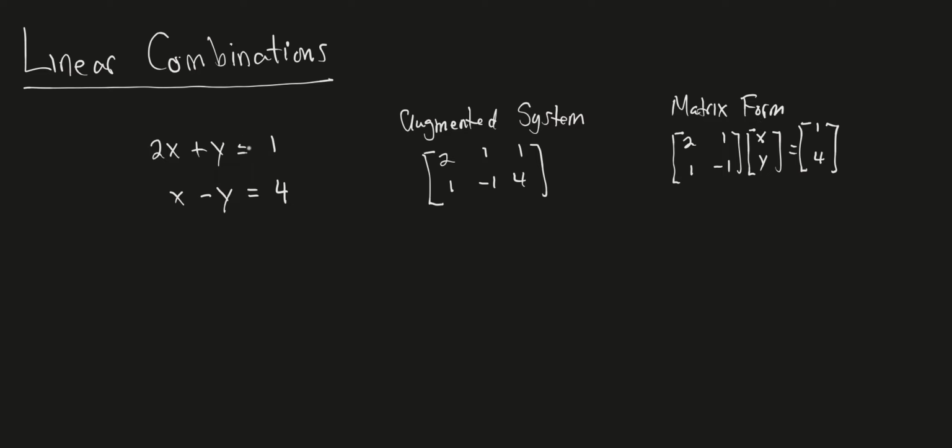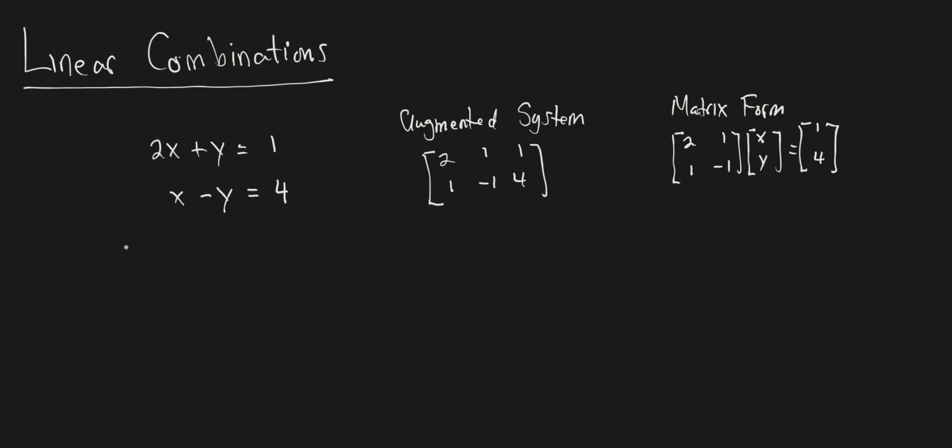Now it turns out there is a vector form that this system can be represented as, and this is how it works. If I look at the columns now, I have my first column, associated with the variable x. Then I have a second column associated with the variable y. And then I have a third column with my constants.